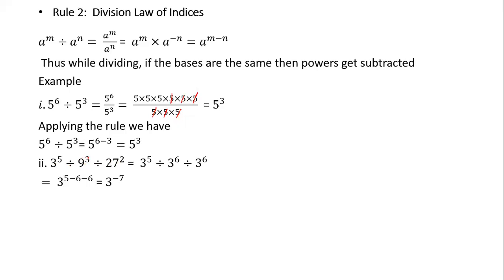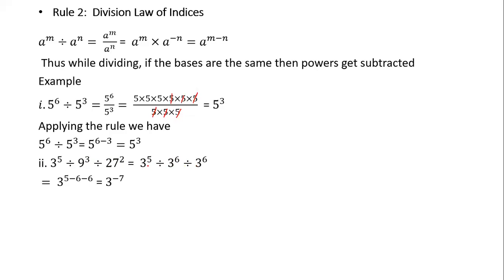Multiply that 2 by this 3, we get 3 power 6. 27 can be expressed as 3 power 3. Multiply that 3 by this 2 also gives you 3 power 6. So therefore, we can express this as 3 power 5 divided by 3 power 6 divided by 3 power 6.